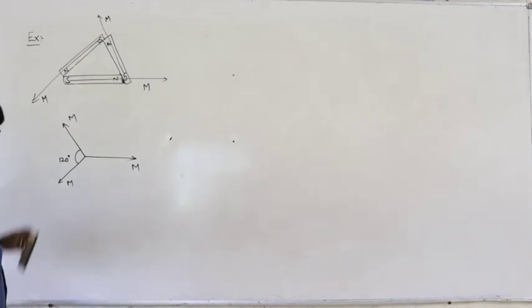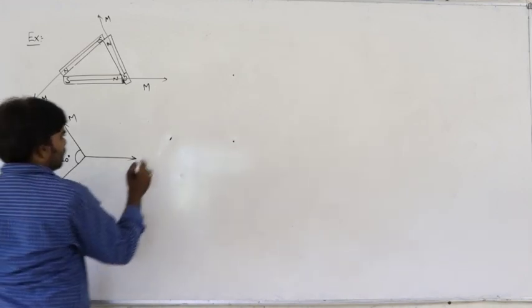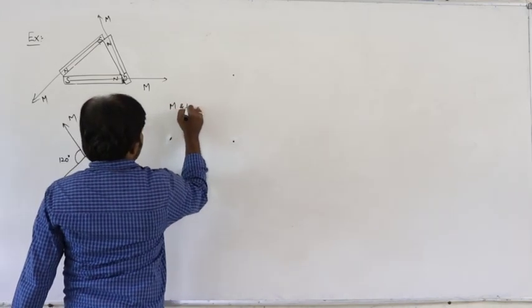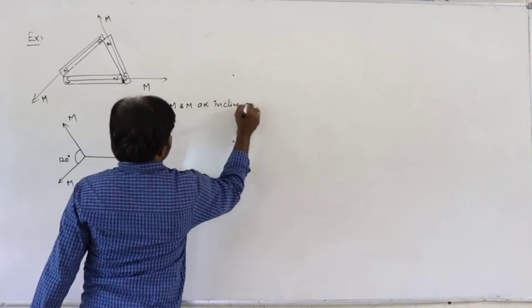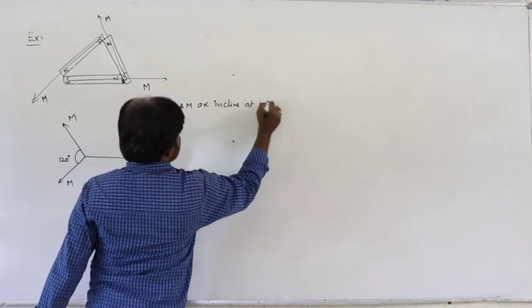Now, what is the resultant between these two? M and M are inclined at 120 degrees.